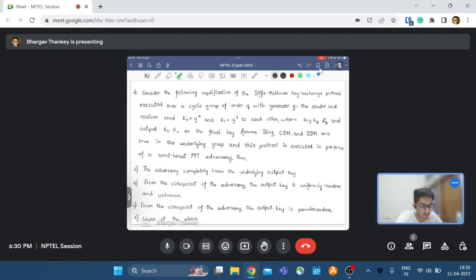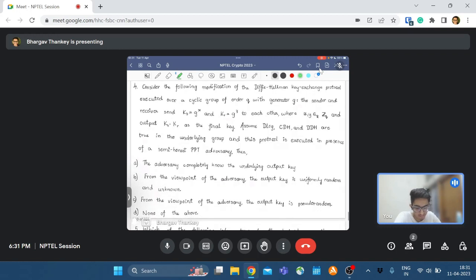Now assume that the DLog, that is discrete log, CDH, that is computational Diffie-Hellman, and DDH, that is decisional Diffie-Hellman, assumptions are all true in the underlying group, and this protocol is executed in the presence of a semi-honest PPT adversary. Then, which of the following options is correct? The options are: A, the adversary completely knows the underlying output key.